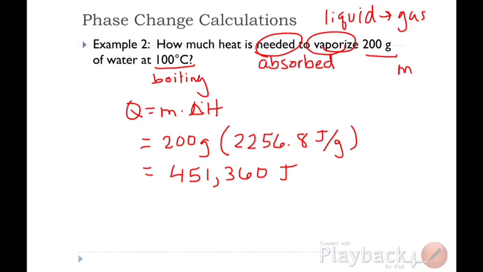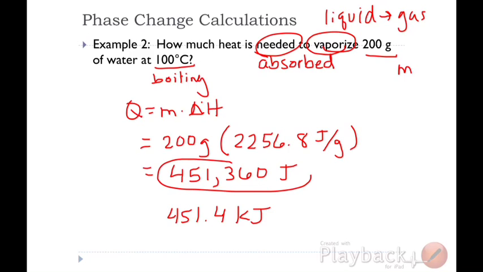And like on the last problem, if we want to, we could convert this to kilojoules just by moving the decimal point 3 places to the left. 1 kilojoule equals 1,000 joules, so this could also be shown as 451.4 kilojoules, rounded. So either one works. This is sort of the extra step.